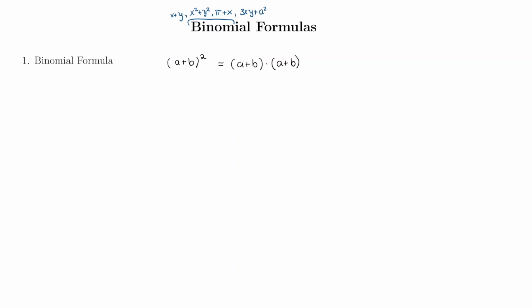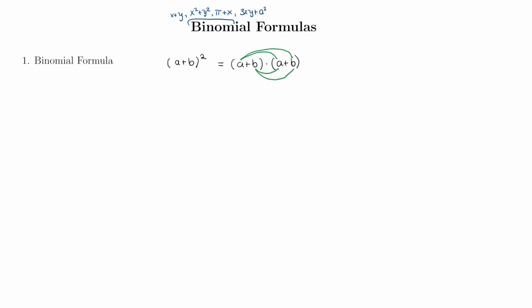So you see, we have a product of two binomials, and the binomials are the same. What is this? You know how we deal with that. We have to multiply everybody with everybody. So we have to multiply a with a, a with b, b with a, and b with b.